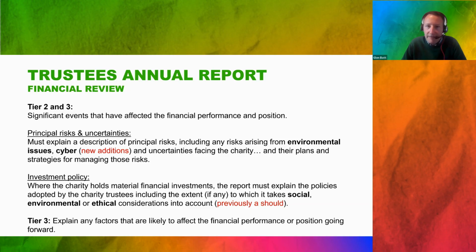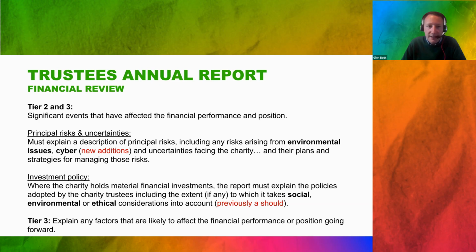And then in terms of any investment policies, where you have any social, environmental, or ethical considerations, previously this was a should, that you should include them within your investment policy narrative. Now it's a must. So if you do have any investment mandates where you say you don't want to invest in certain sectors, this now needs to be commented on as part of your trustees report.